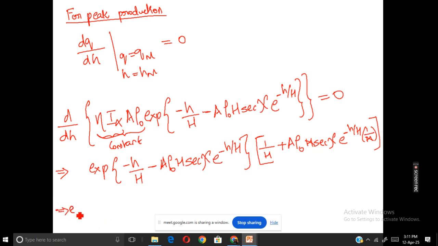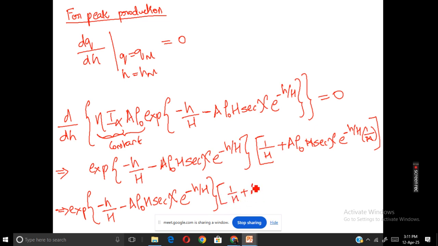You will get exponential of minus h by H minus a rho 0 H sec chi e raised to minus h by H into 1 by H plus a rho 0 sec chi e raised to minus h by H is equal to 0. So this is the equation that you will get.